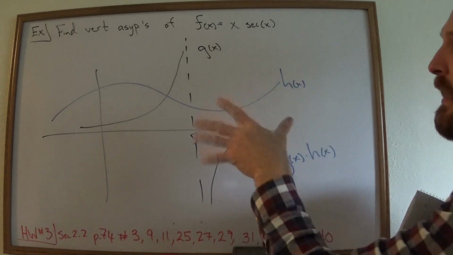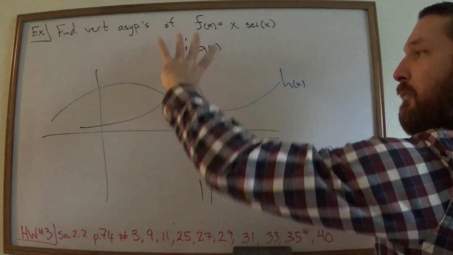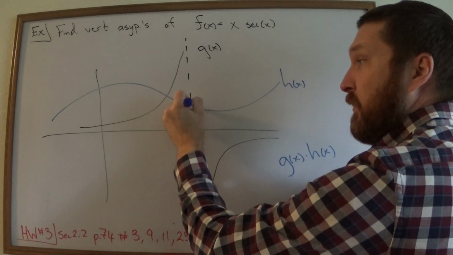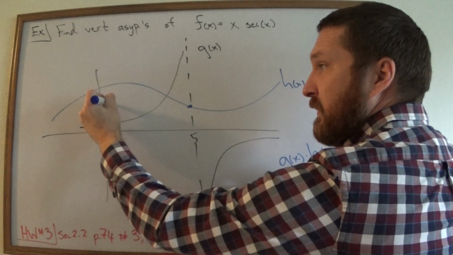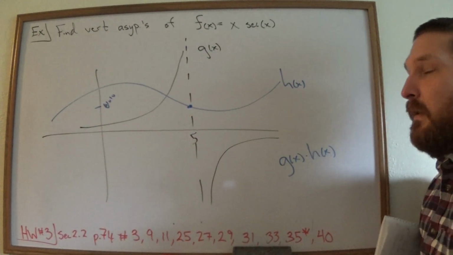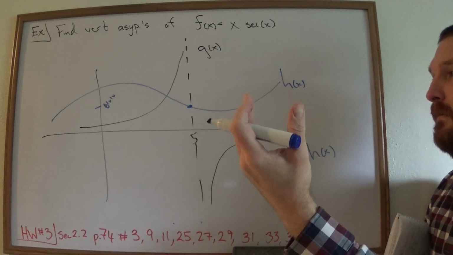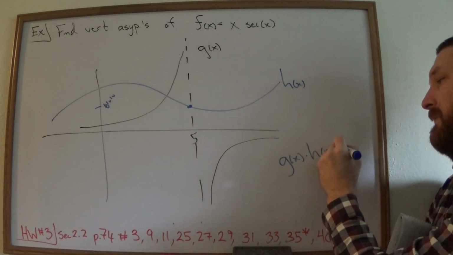The only way that you could possibly get rid of this, because whatever number this is, I don't care what number this is, this might be 100 billion bajillion, but you take that and you multiply it by something that's going to infinity, it's still going to go to infinity.